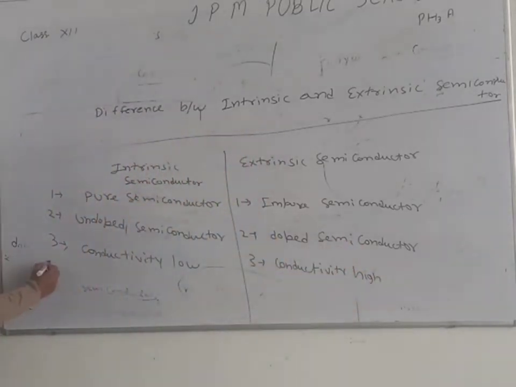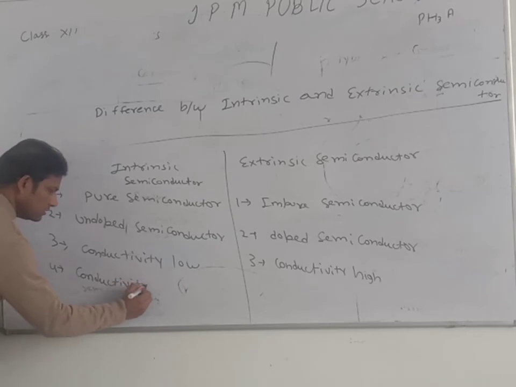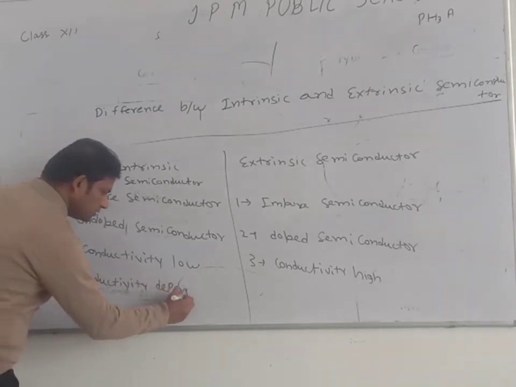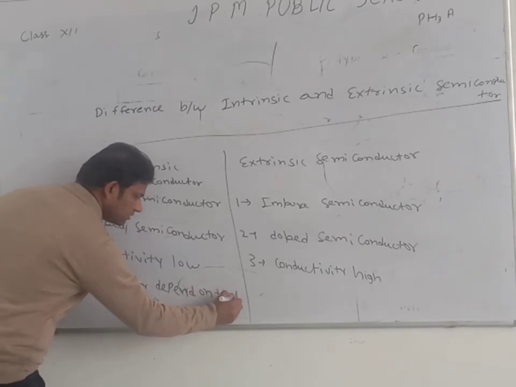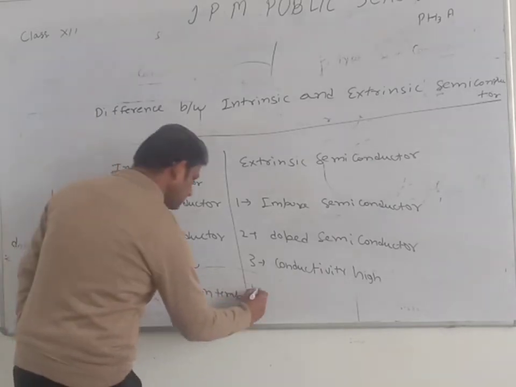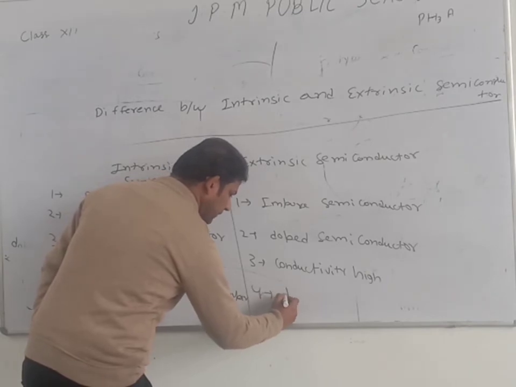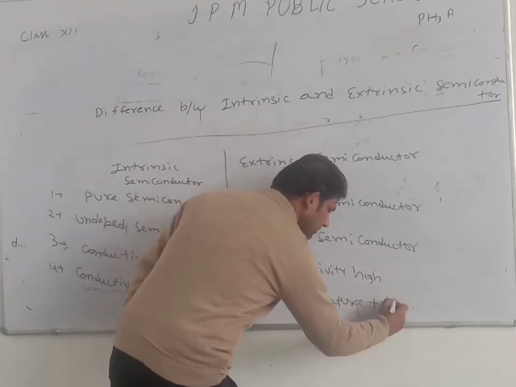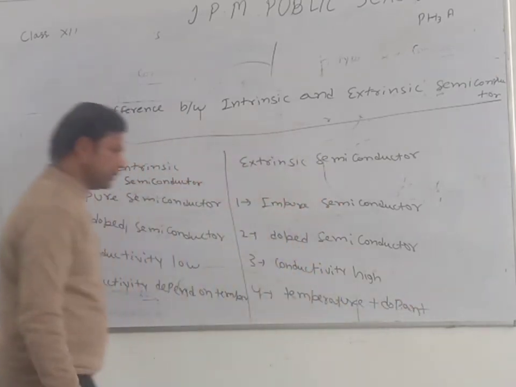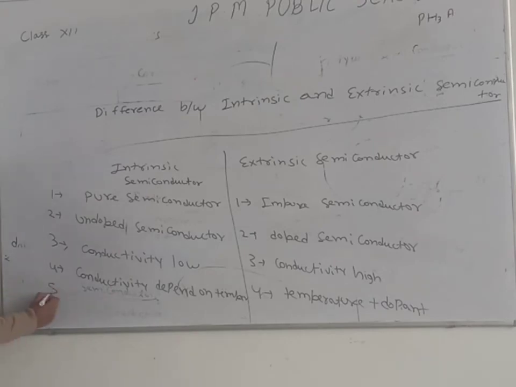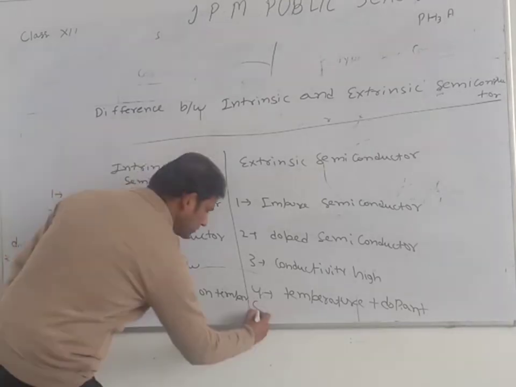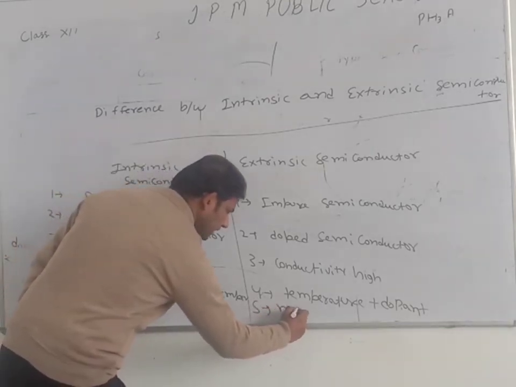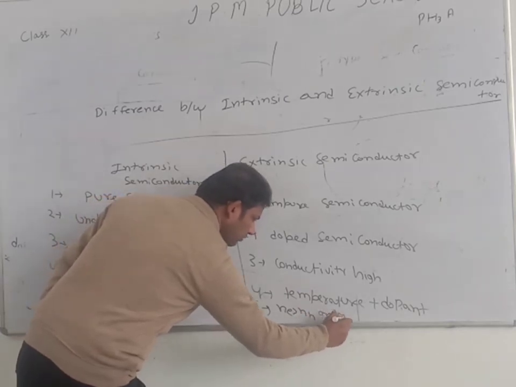Next, conductivity depends on temperature in intrinsic, while in extrinsic it depends on temperature plus dopant, meaning impurity. Next, number of electrons equals number of holes in intrinsic, but in extrinsic, the number of electrons is greater than the number of holes, or the number of holes is greater than the number of electrons.